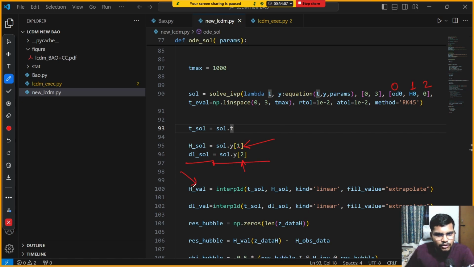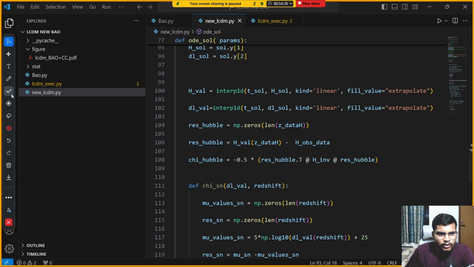I want the H value, interpolate T solution, whatever T solution I have obtained, S solution, kind linear. If there is nothing, then you can extrapolate it. Similarly the DL value, T solution, DL solution, and then extrapolate. Now this basically contains every data point, right?